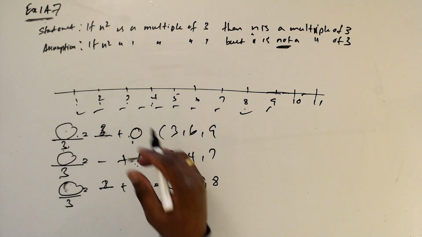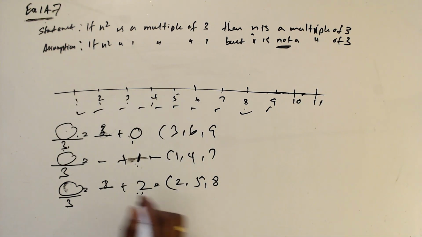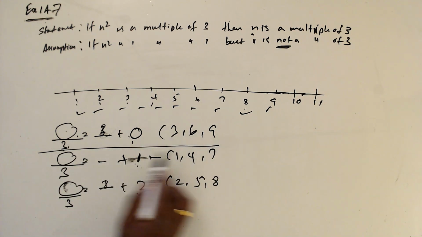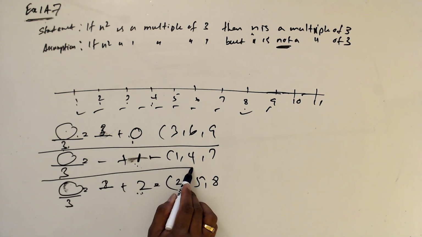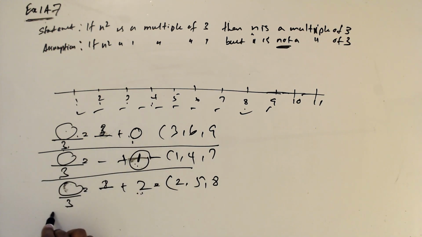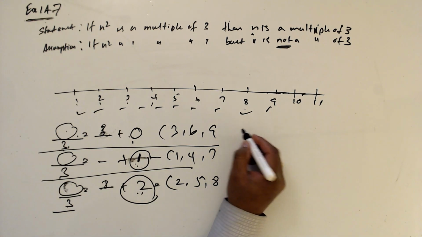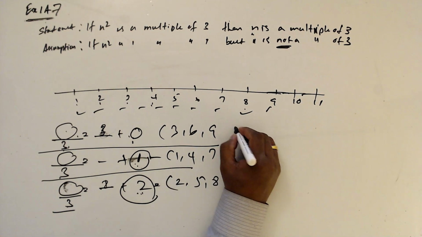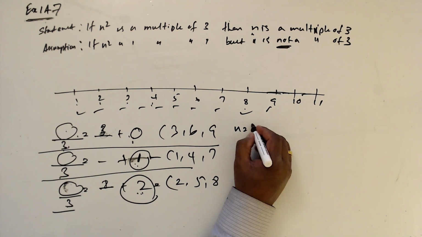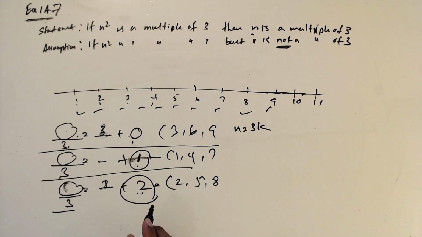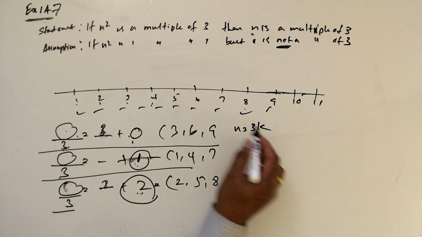Now you can see that, likewise, I can continue, and I can categorize whole numbers into 3 classes. One is divisible by 3, another is divisible by 3 with remainder 1, and the other is divisible by 3 with remainder 2. So we can write any number divisible by 3, let's say n, as n equals 3k.